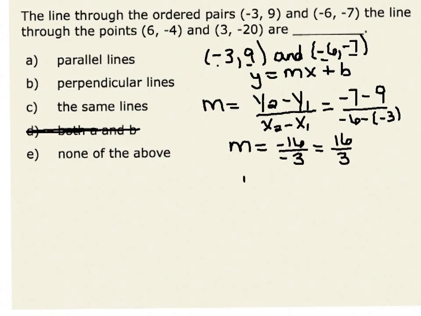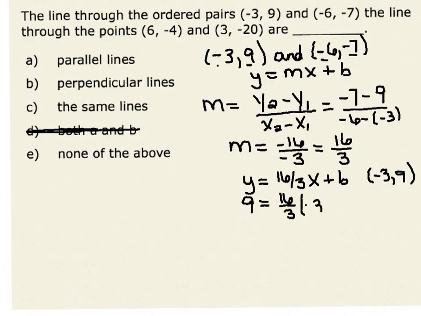Now we can find the equation of our line. We know that y is equal to 16/3, our slope, times x plus b. This equation needs to satisfy the point x equal to -3, y equal to 9. Therefore, we can substitute x equal to -3 and y equal to 9 in order to solve for b. So 9 is equal to 16/3 times -3 plus b.